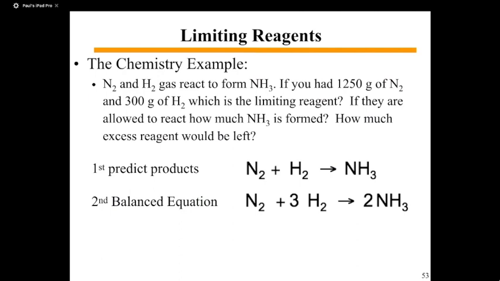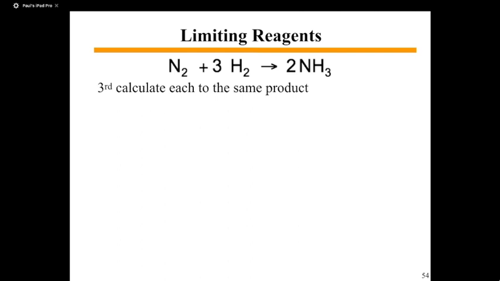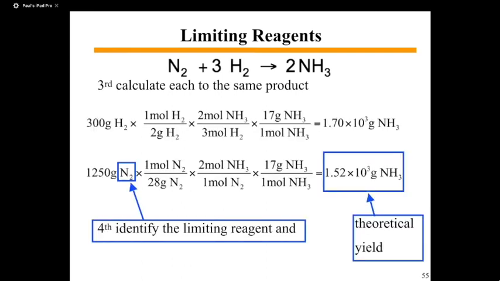Okay, it told us that these two things react to form this. Okay, that's what it said, but it's not balanced, so we'll balance it out. 3 hydrogens for every 2 ammonias. We then have to calculate each product to the same endpoint. There's only one endpoint, so that's easy, ammonia.